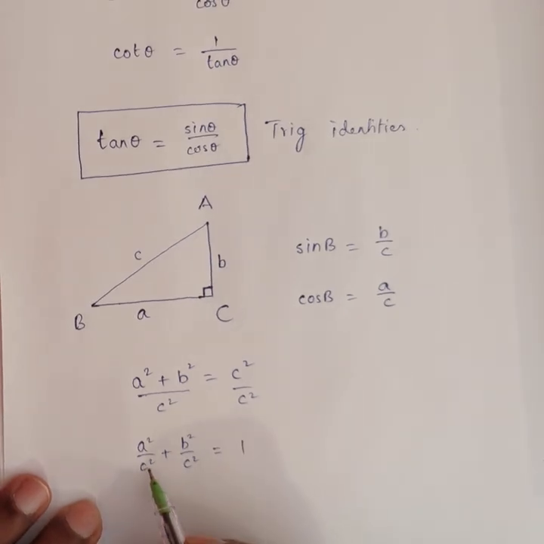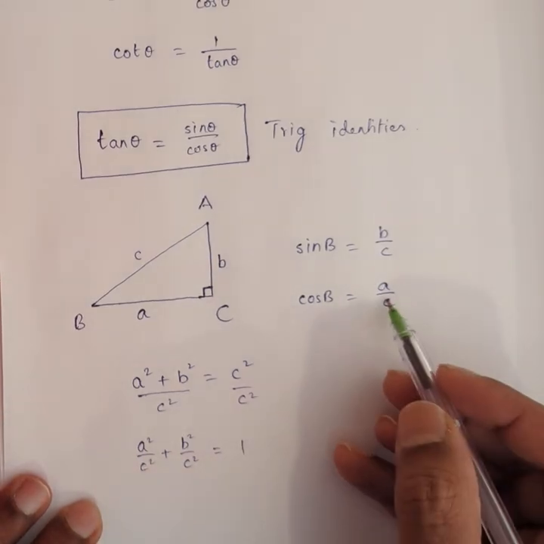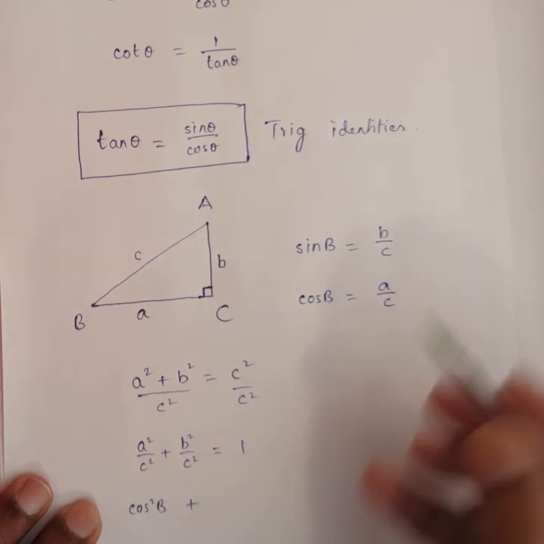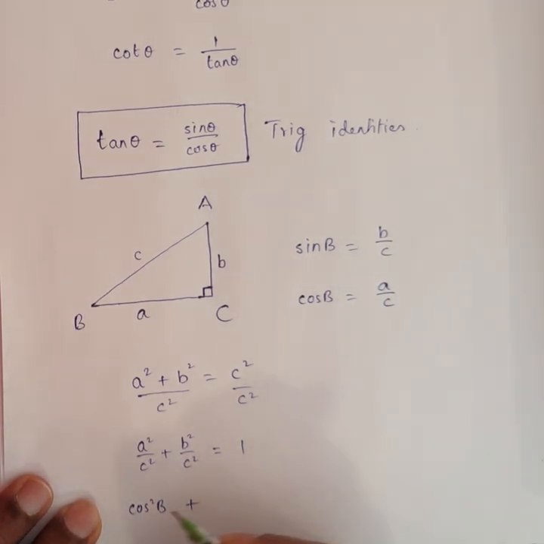So notice, what is a square over c square? That's cosine square b. And what is b square over c square? It's actually sine b square, but that's the usual notation.